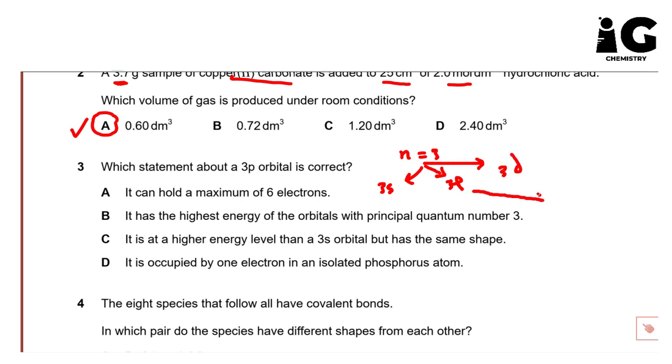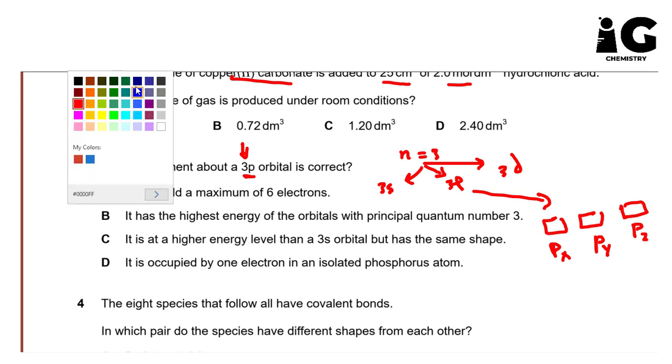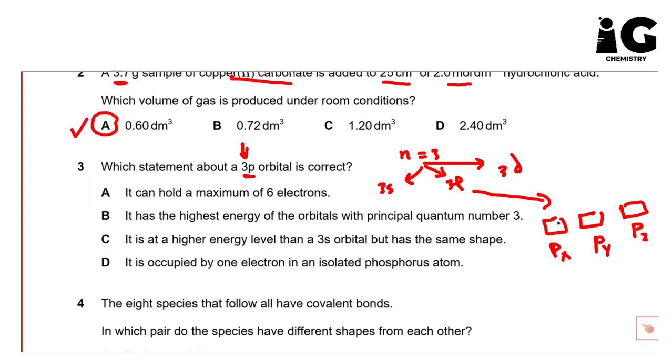For 3p, it contains 3 orbitals: px, py, and pz. Remember, 3p is the subshell, and orbital means one orbital of this. It could be px, py, or pz. Every orbital is filled by only 2 electrons, one up and one down, as you know.